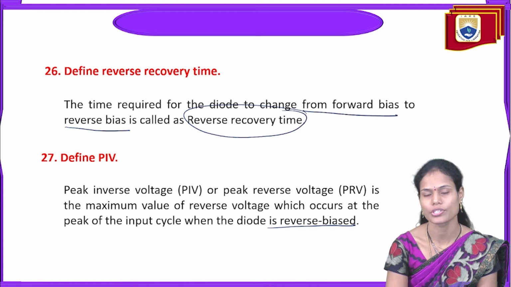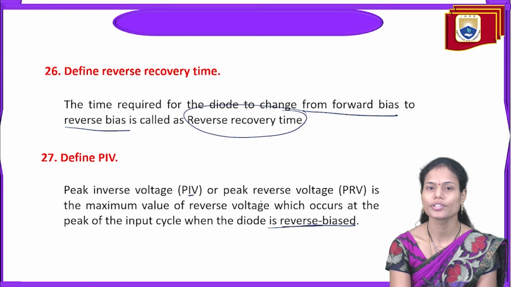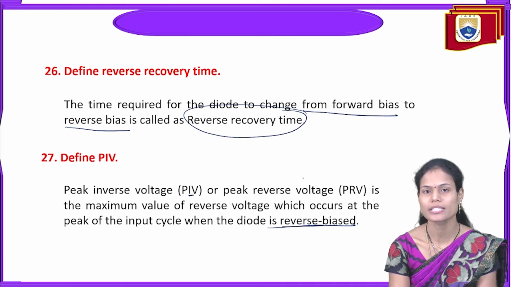The maximum voltage it is holding indicates the peak inverse voltage. It is called inverse because it is indicating the reverse bias condition. That's why it is called peak inverse voltage, the maximum voltage in the reverse biased condition of the diode.